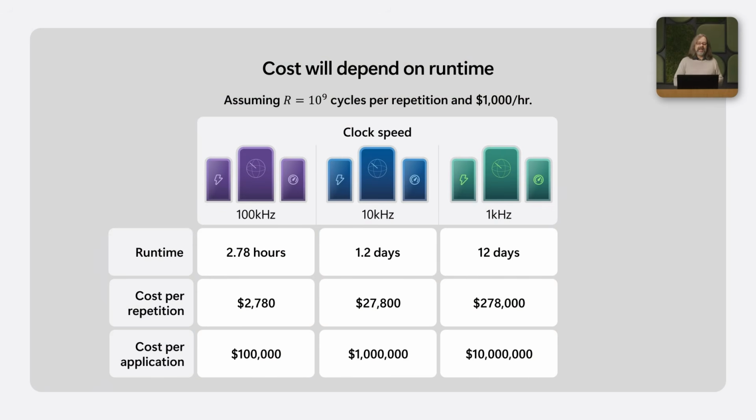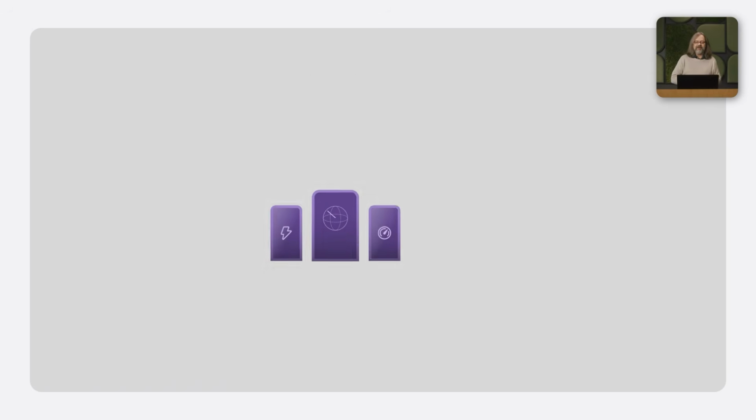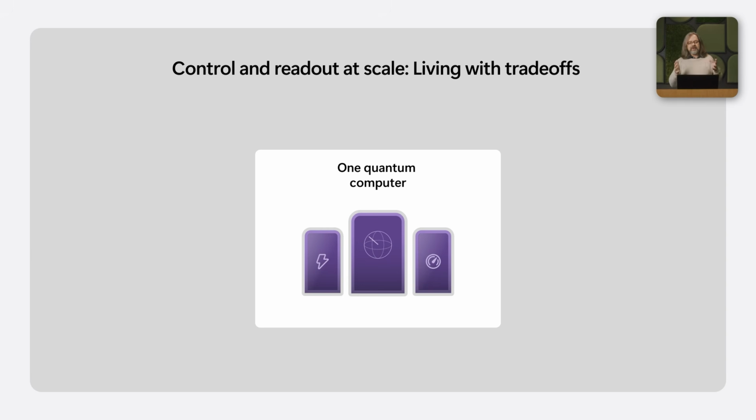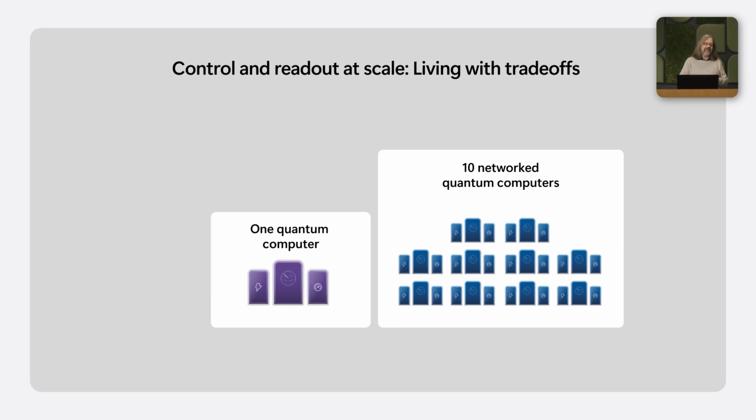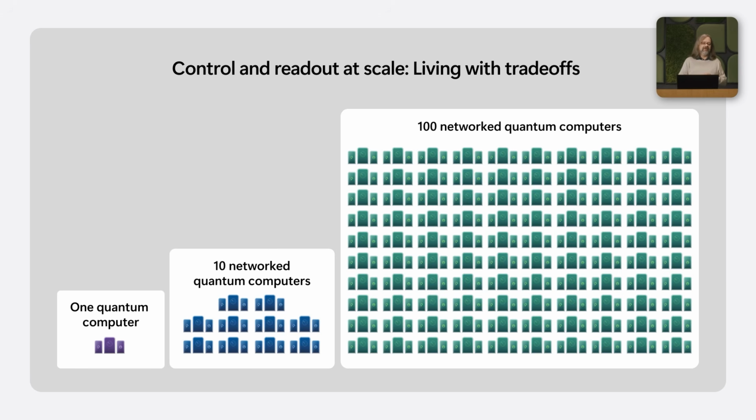The other ingredient that's important for cost is how many quantum computers I need to build. Ideally, I build just one quantum computer. But we discussed that control and readout at scale is challenging, and we may want to actually build many networked modules. I could build it from 10 networked modules or 100 modules.